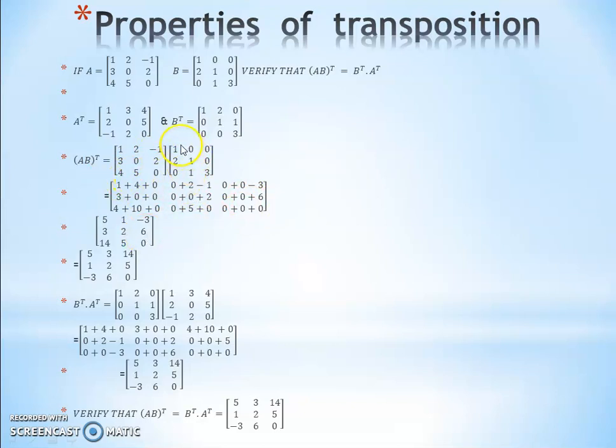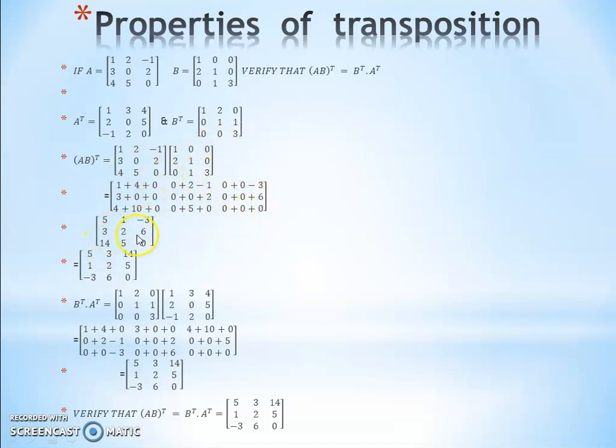Last row, first column: 4 into 1 is 4, 5 into 2 is 10, and 0 into 0 is 0. Last row, second column: 4 into 0 is 0, 5 into 1 is 5, 0 into 1 is 0. Last row, last column: 4 into 0 is 0, 5 into 0 is 0, 0 into 3 is 0.